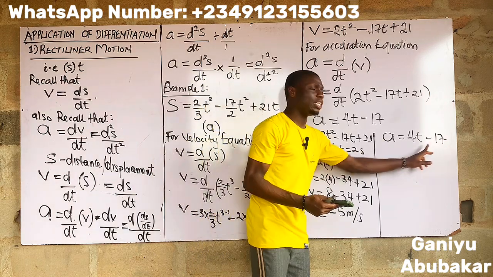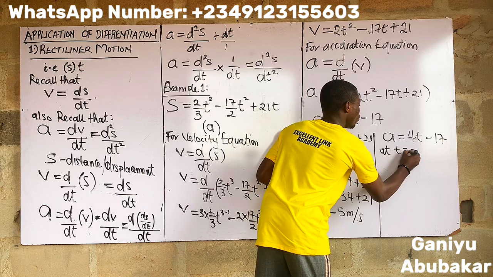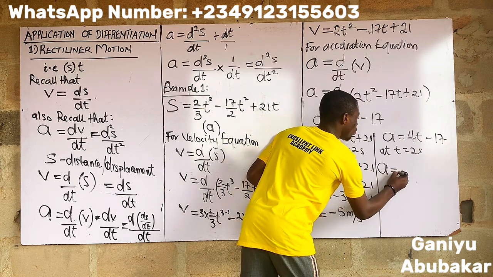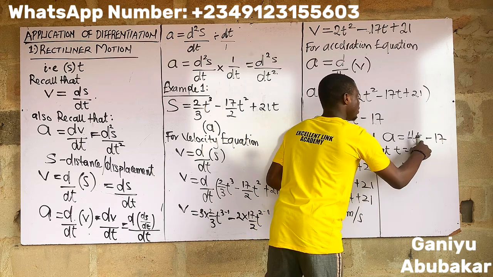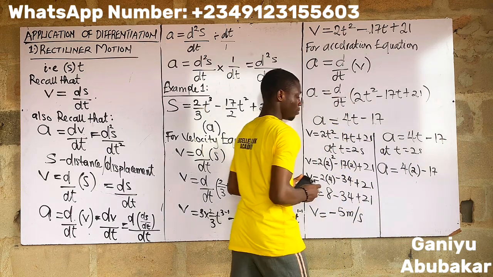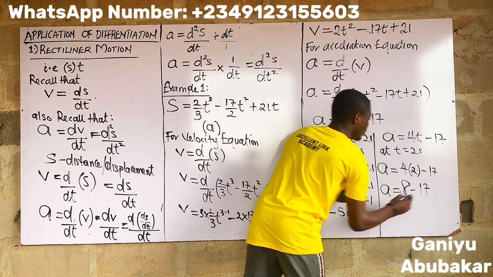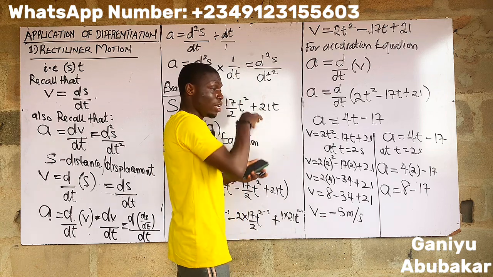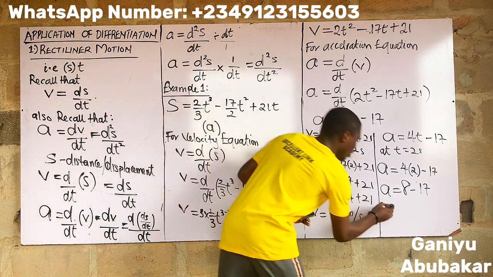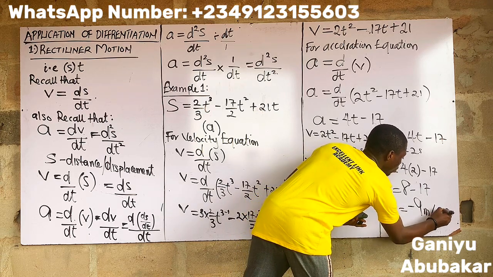Let's get the acceleration of the body after 2 seconds. So at t equal to 2 seconds, what acceleration? a is equal to 4 into what's t? t is 2. So minus what there? 17. From here, a now is equal to 8 minus 17. So my acceleration of the body after 2 seconds is a equal to minus 9 meters per second squared.